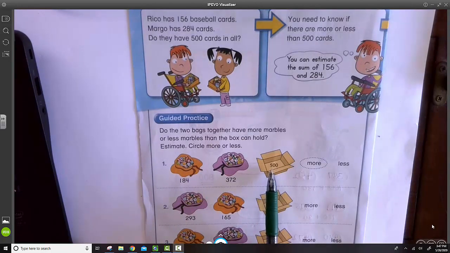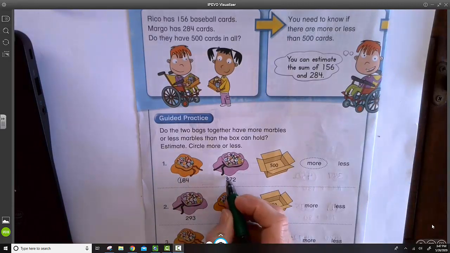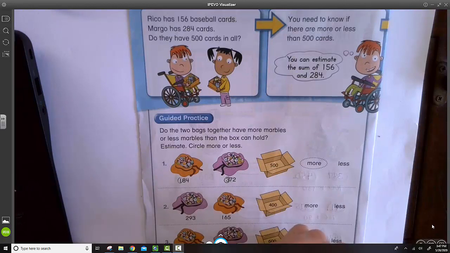We'll use the same technique that we did before. So our target number, this box, will hold 500 marbles. We need to see if this box will hold more or less marbles. Again, we start with the hundreds column, and we have 100 and 300. So 100 and 300 is 400.